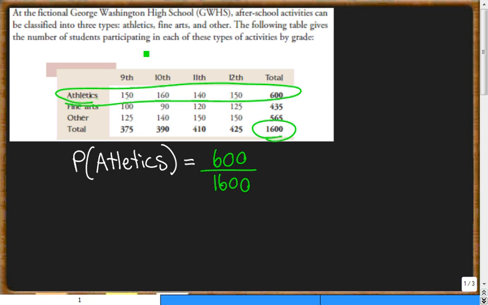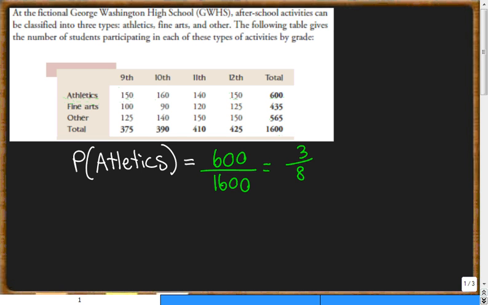So that's adding everybody up together. So this probability ends up being 3/8. So 3 out of every 8 students, or those participating in after-school activities, are participating in athletics.